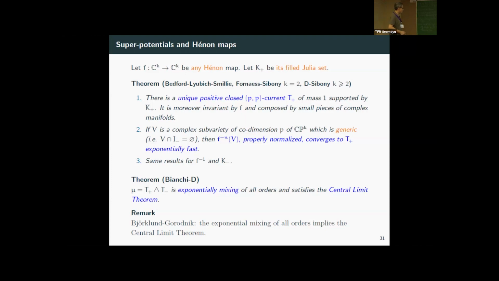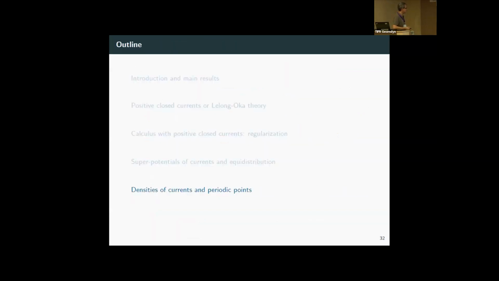This story is also funny, because exponential mixing of all orders implies the central limit theorem, but we didn't know that, so we proved it by ourselves. Later we discovered that other people had already proved this before us. Okay, so this is an application of this technique.